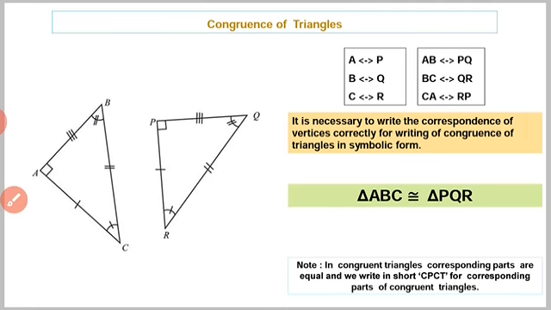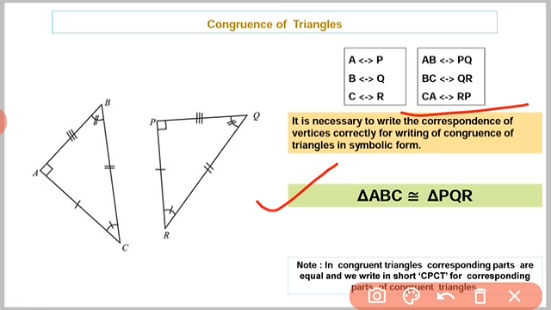Also note that these are corresponding parts, and when two triangles are congruent, then their corresponding parts are equal. These are called CPCT. Corresponding parts of congruent triangles are equal.